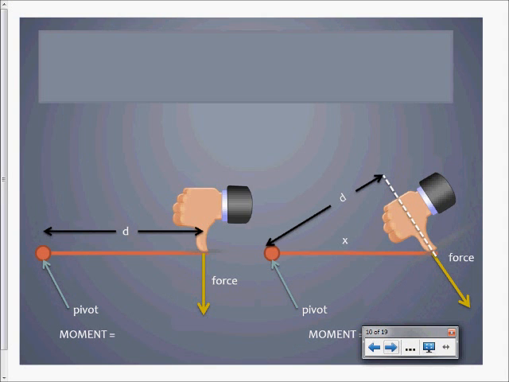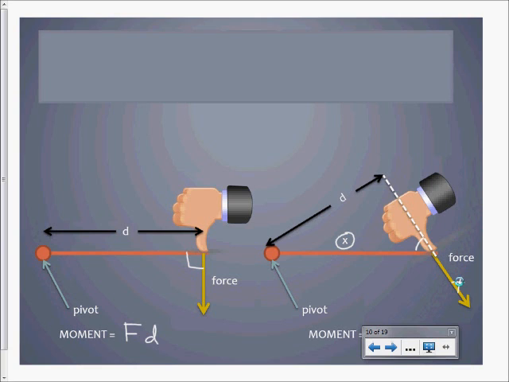Looking at a couple of little examples here then. In the left-hand example, similar to the previous page, we've got a force acting perpendicular to the surface, and so the moment is force times distance. But in this right-hand example, the force is acting at some angle to the surface, and so if you used x, x is not the perpendicular distance from the line of action of the force.